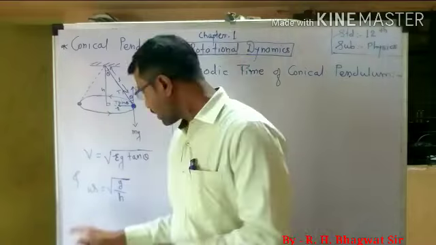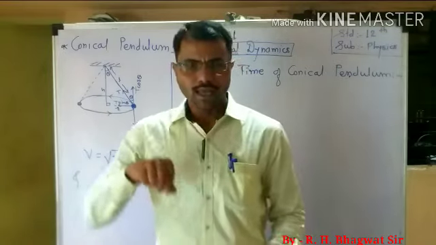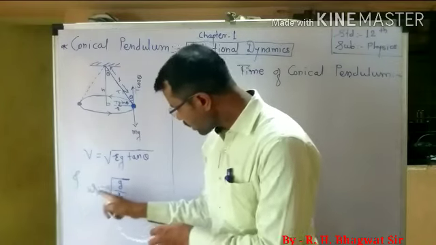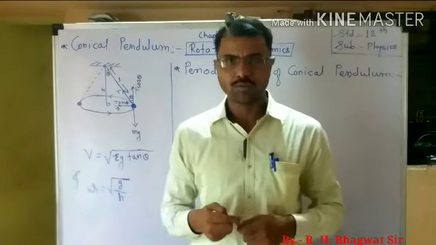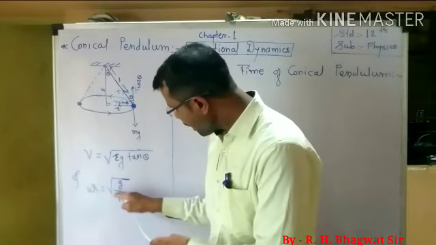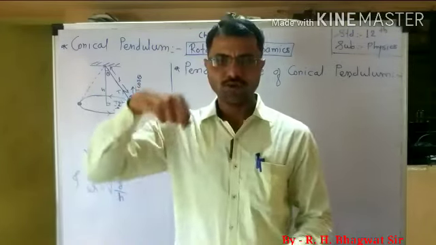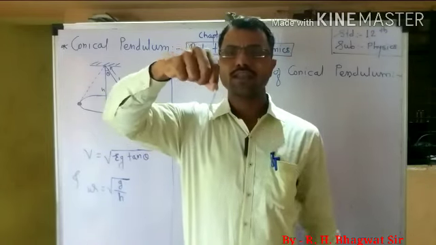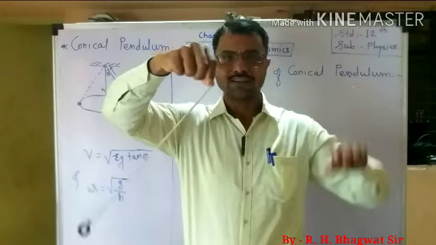Similarly, when we consider the angular velocity omega, if we increase the number of revolutions, this angular velocity is inversely proportional to the height of the conical pendulum. When we increase its angular velocity, its height goes on decreasing. Initially, if the angular velocity is very small, the height of the conical pendulum is large.